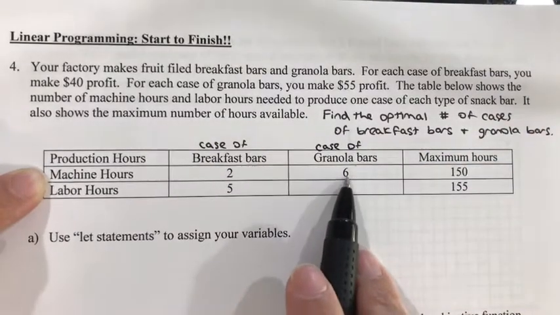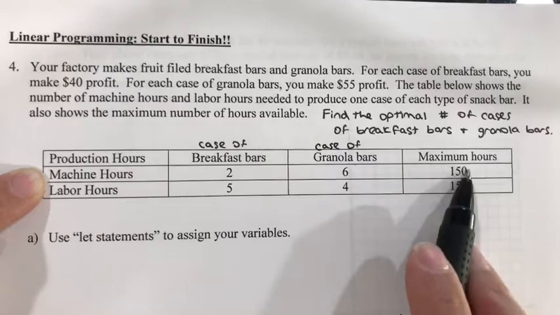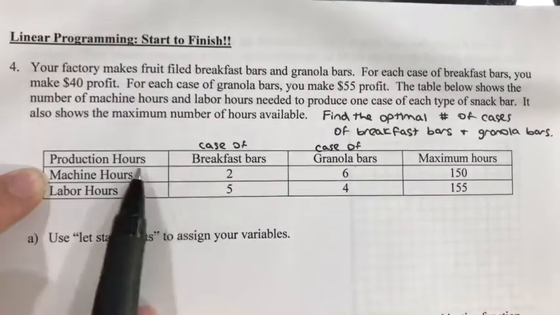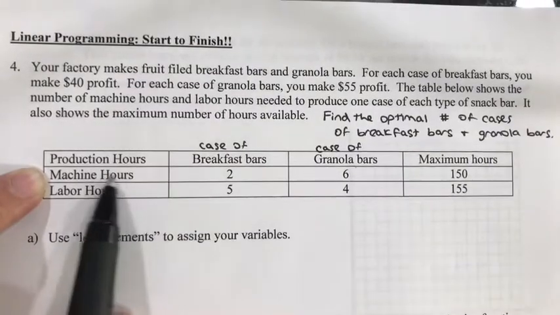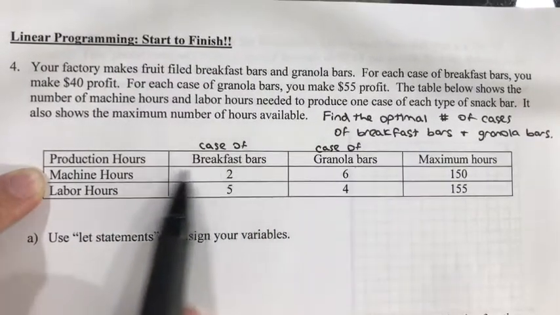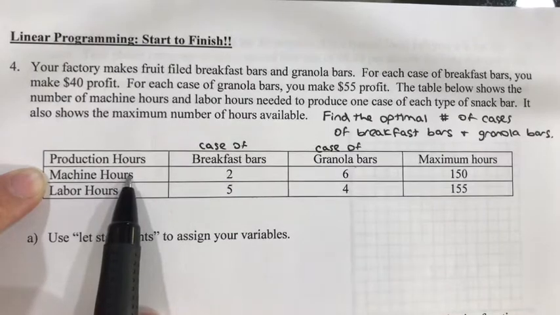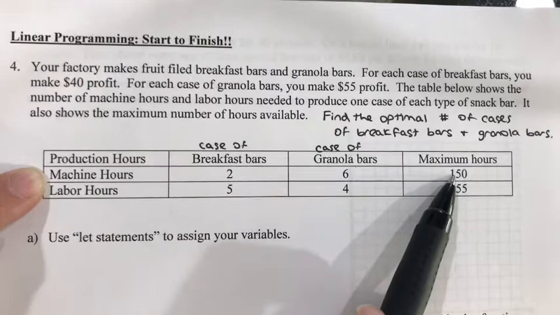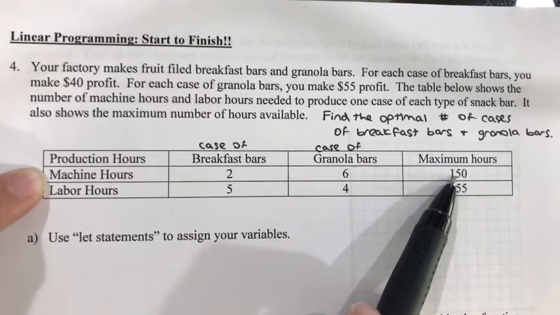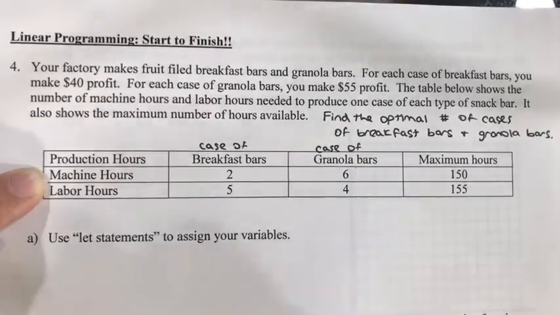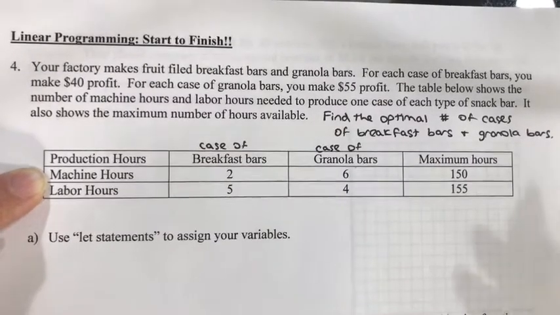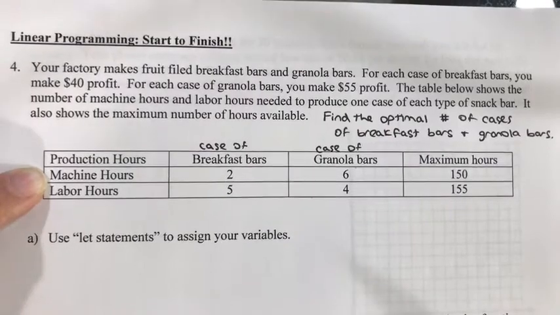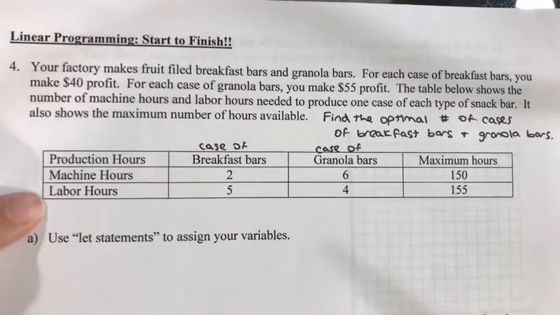Now we have a maximum of 150 machine hours. You'll notice these are all lined up in one row. That means they all have to do with the machine hours. Okay. Now the reason for this maximum, if you put yourself in the shoes of a business owner, maybe you can only run the machines for a certain number of hours because otherwise they'll break down too quickly. Okay, so that would be a really realistic situation.